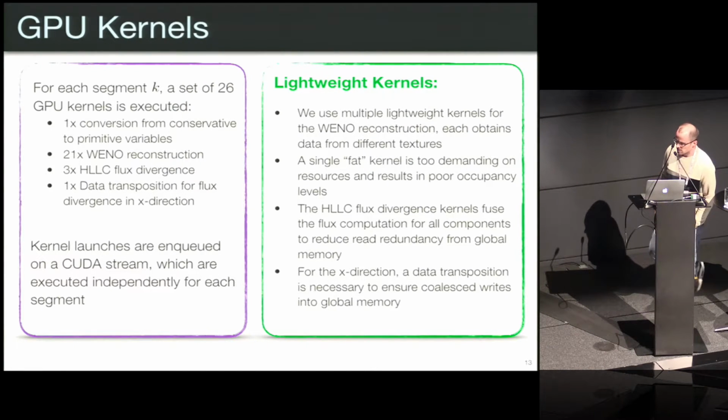Nevertheless, for the HLLC flux computations, we still use a fused kernel, which means that all of the 7 flux contributions in one direction are computed with one kernel. We do this because basically all of the fluxes require more or less all of the 7 primitive variables, and we do this in order to reduce read redundancy, which would again result in poor performance if we did the HLLC for all of the 7 fluxes independently.